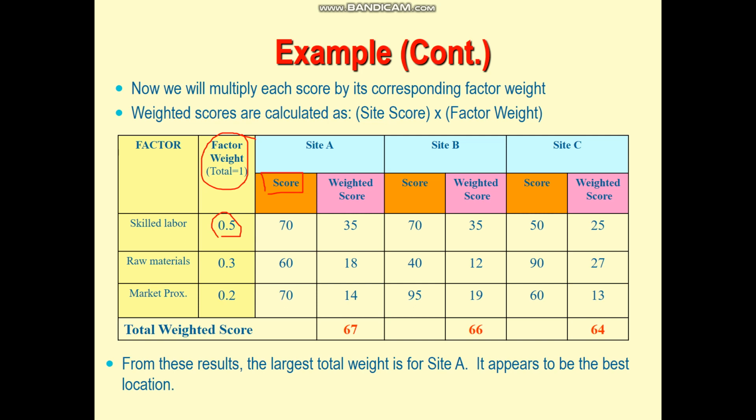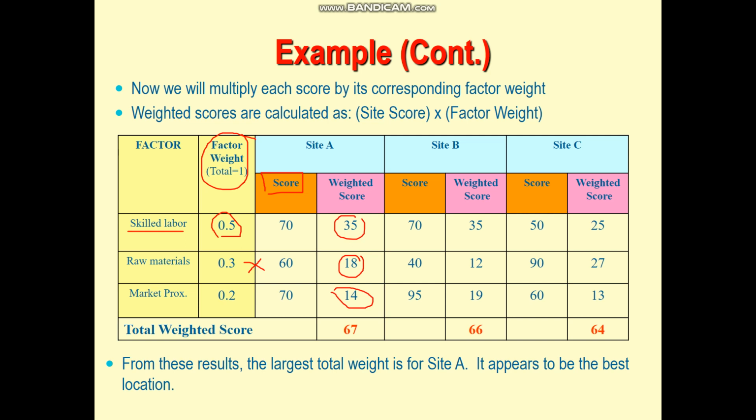So the weighted score of site A for the skilled labor factor is 35, and for raw material it is 18, which is equal to 0.3 times 60, and the third factor is 14. Then the rest is the same. We can calculate the weighted score for each factor for site B and site C.